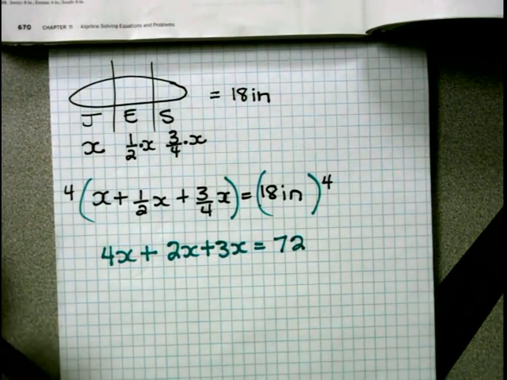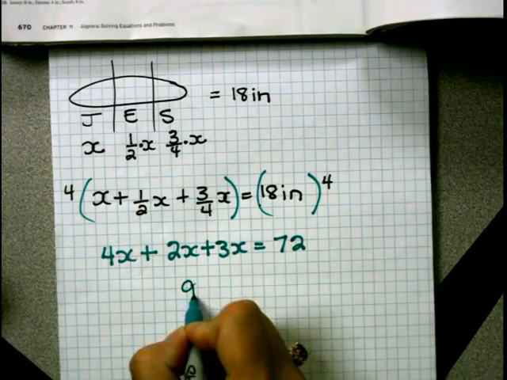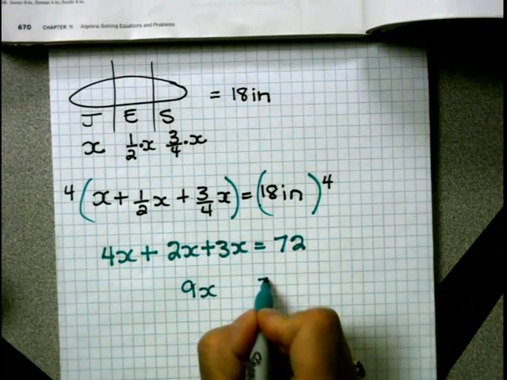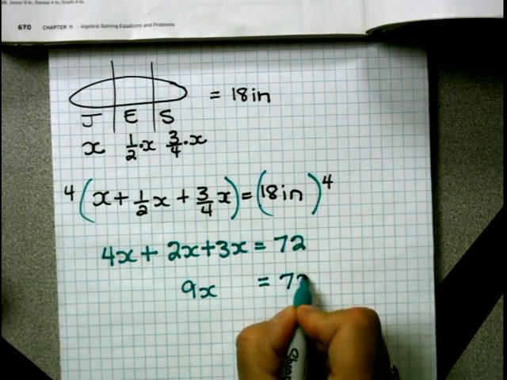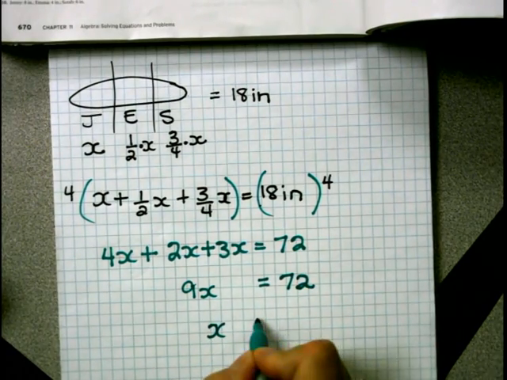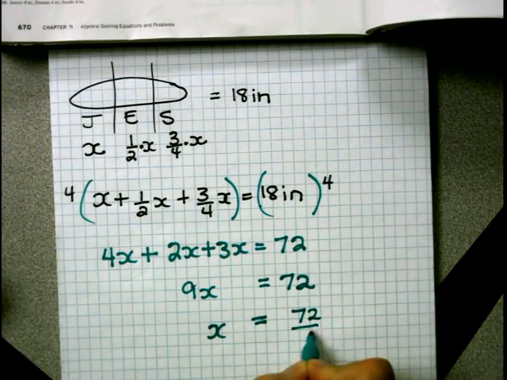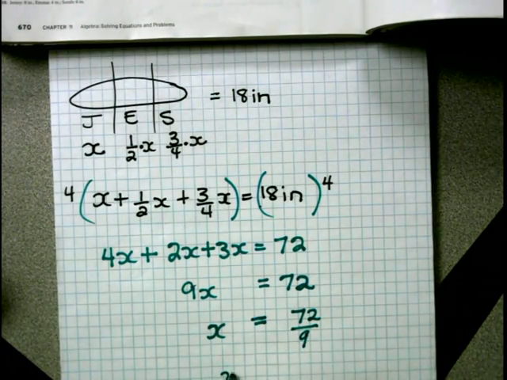Okay? Now we have 4 and 2 is 6 and 3 is 9X equals 72.